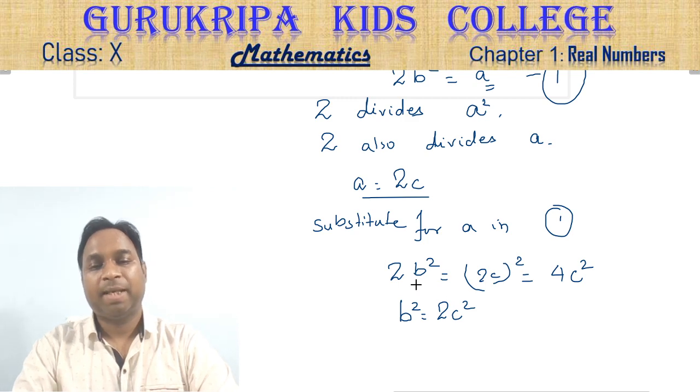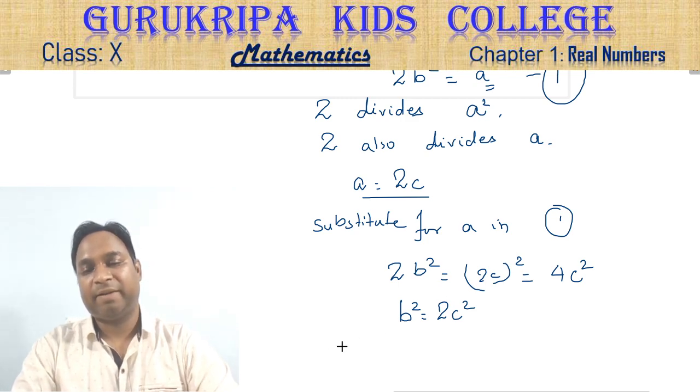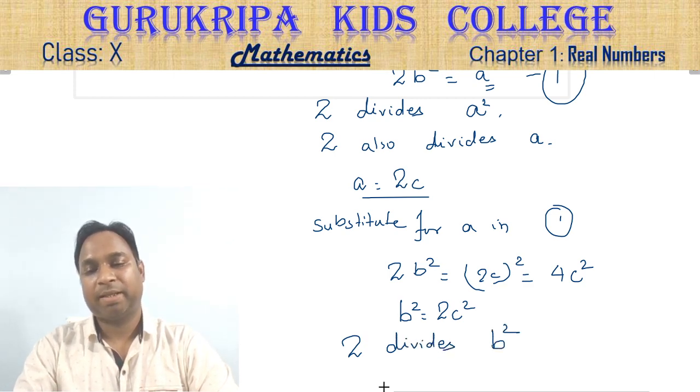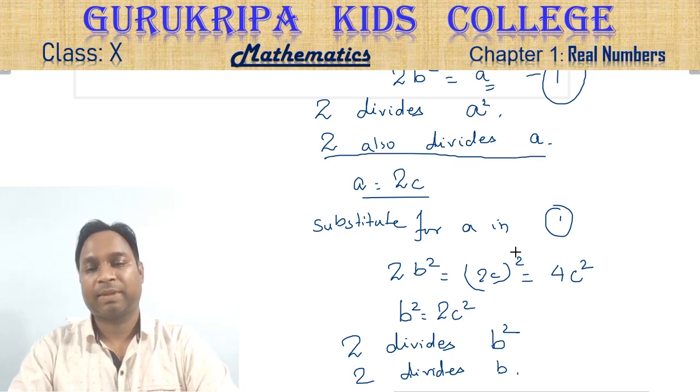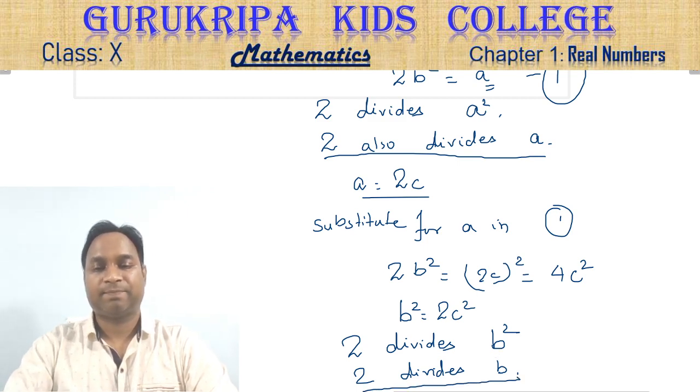Okay. Again from theorem number 3 we have 2 divides b square. This implies 2 divides b. Isn't it? Now see, 2 divides a and 2 divides b. 2 is dividing both these numbers.